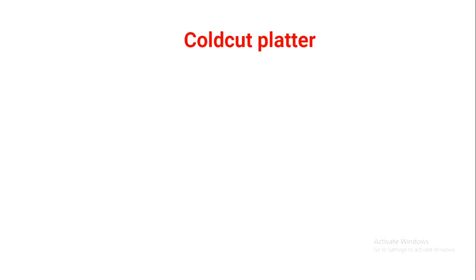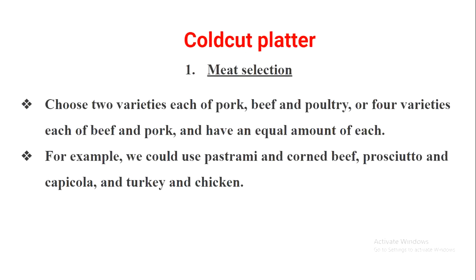Next is cold cut platter, and the first one we can see meat selection. Choose two varieties each of pork, beef or poultry, or four varieties each of beef and pork. So two varieties of pork, two varieties of beef and two varieties of poultry, or four varieties of beef and four varieties of pork.